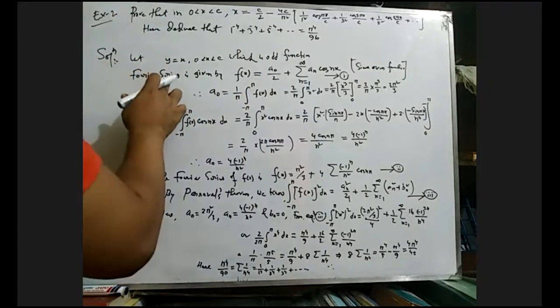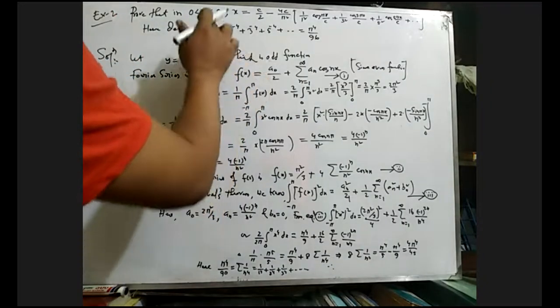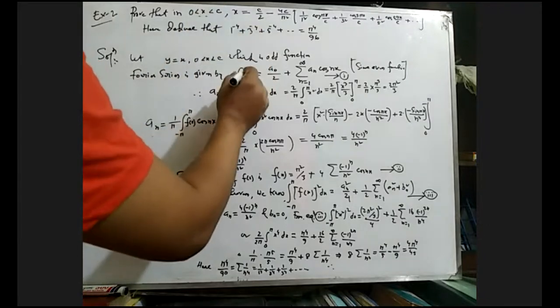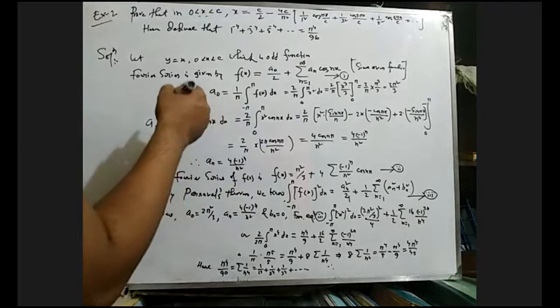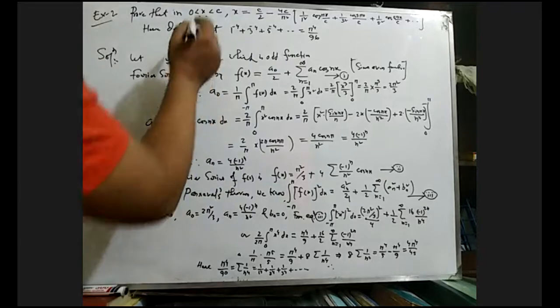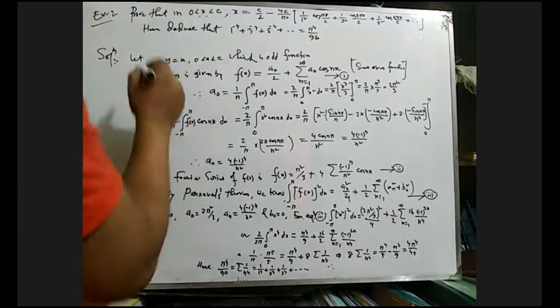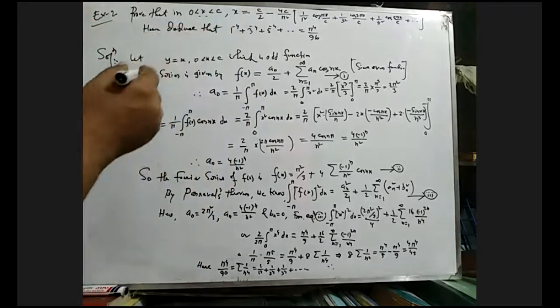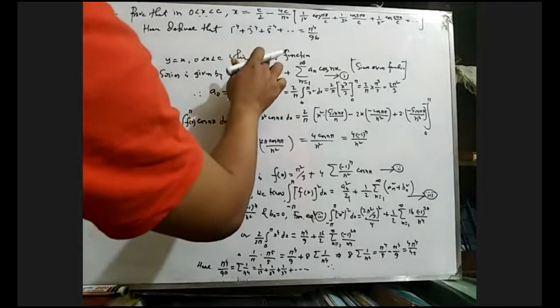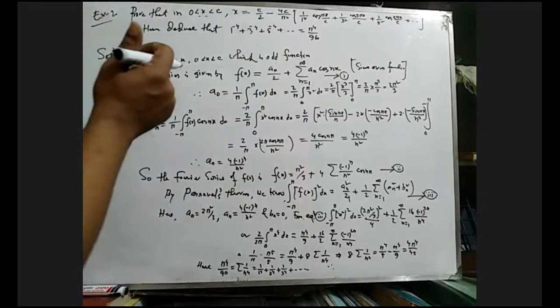So for the Fourier series given by f of x, because it is a half range, we have to find the value of a naught, and we will get bn equals 0. If this is not a half range, then we get a different case.